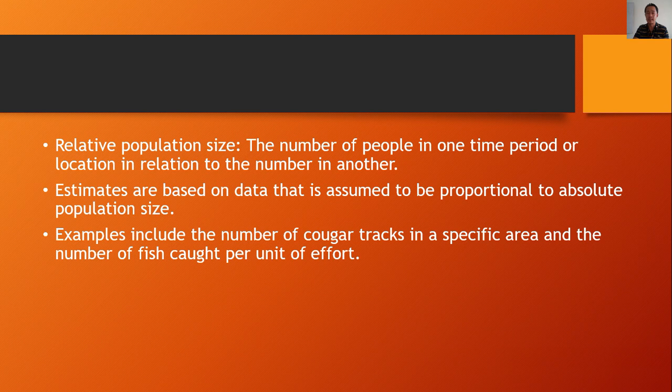Relative population size is the number of individuals in one time period or location in relation to the number in another. The estimates are based on data assumed to be proportional to absolute population size. Examples include the number of hog tracks in a specific area and the number of fish caught per unit of effort. There are a lot of things that can be used to count a population.